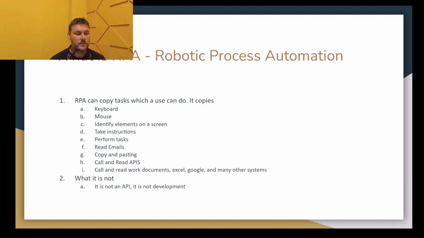So RPA can copy tasks which a user can do. It copies things like keyboard typing, mouse moves, identifying elements on a screen, reading from a website, taking instructions, performing automation tasks, reading emails, copying and pasting, reading APIs, and also being able to read online documents, Word documents, Excel, Google, JSON files, CSVs, and many others.